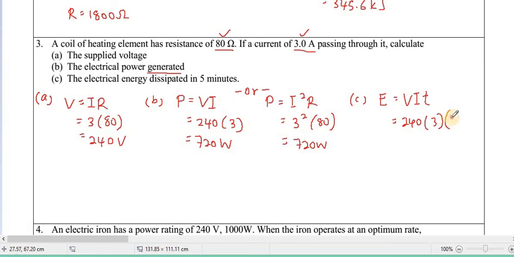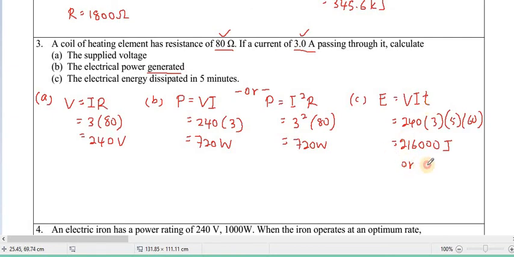The time is 5 minutes, so 5 times 60 seconds. You must change into seconds. Okay, so you get 216,000 joule of energy.